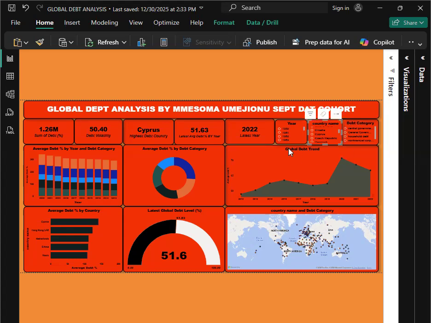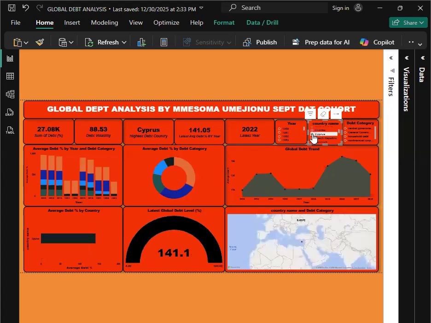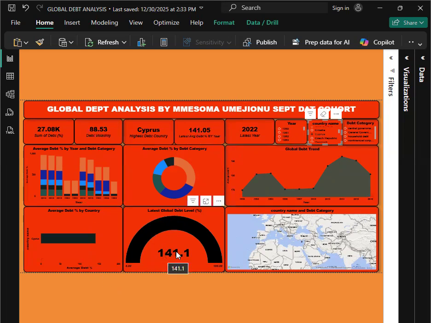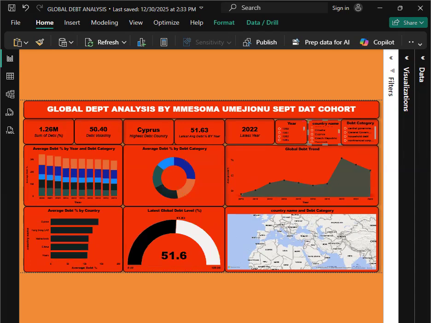And then we can see here that Cyprus is the country with the highest debt level in this data set. Using our slicers, we can see that Cyprus is the highest country with 141.1%, the highest so far in this data set.